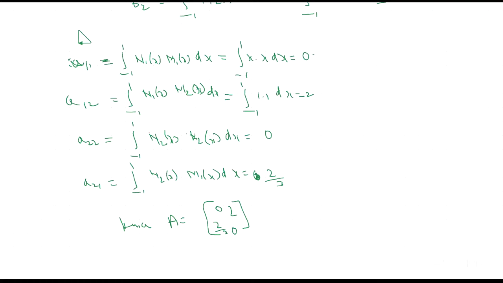So that means 1 minus lambda A equals the matrix with rows 1, minus 1 and minus 1 by 3, 1.